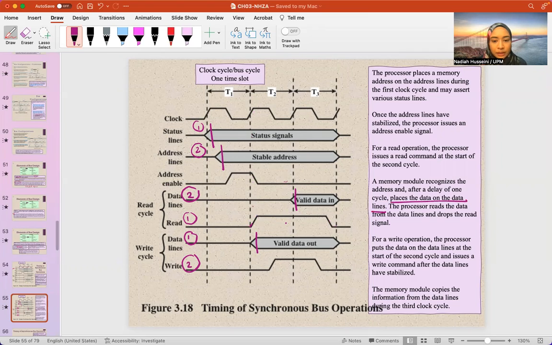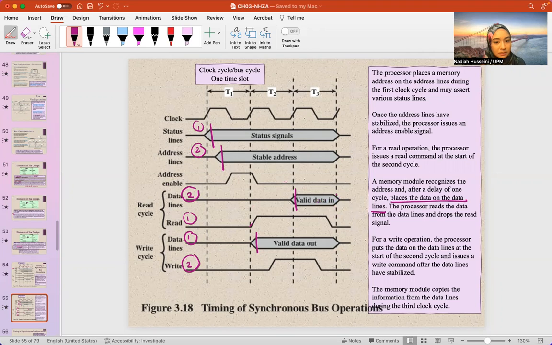The memory module has to respond first, right? It puts in the data. When the data is available, then the reading happens in the third time slot. And once the processor is done reading, it drops the signal and the data is also dropped.